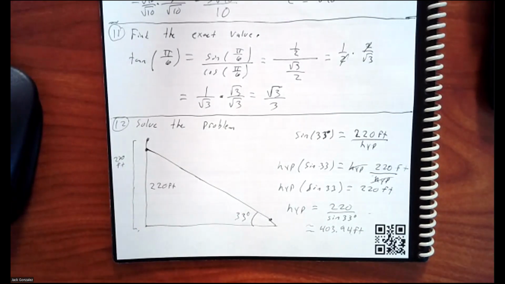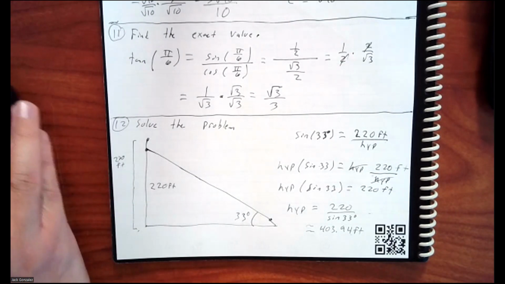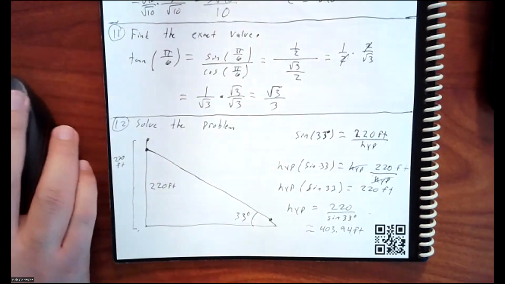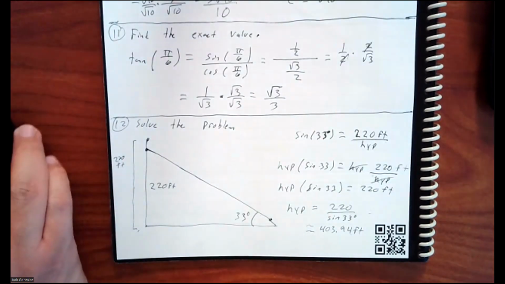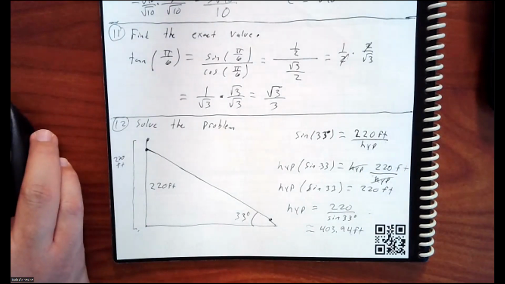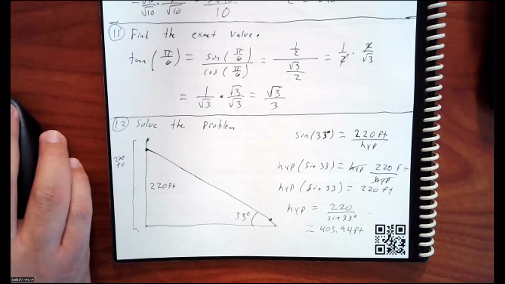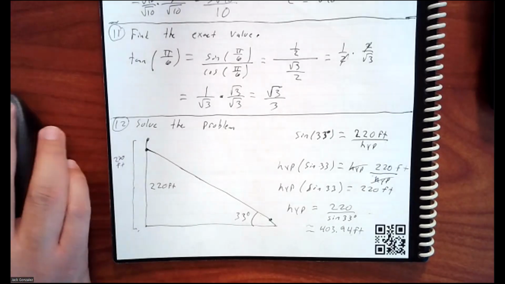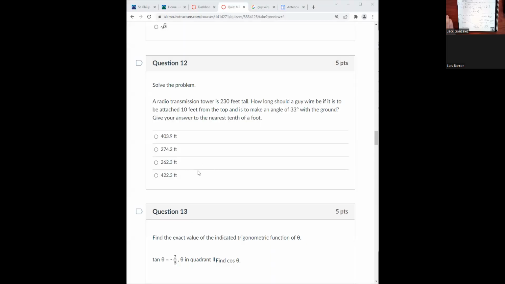Any questions on 12? All right. That makes sense. So it looks like it's A, right?